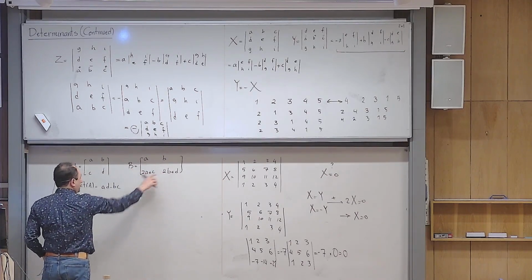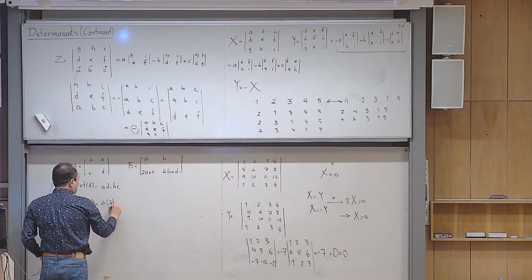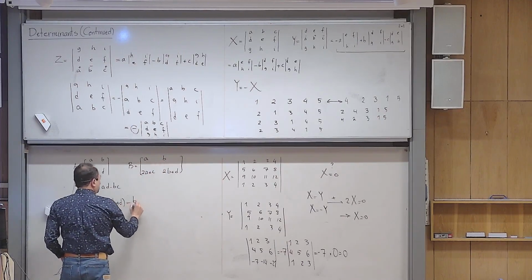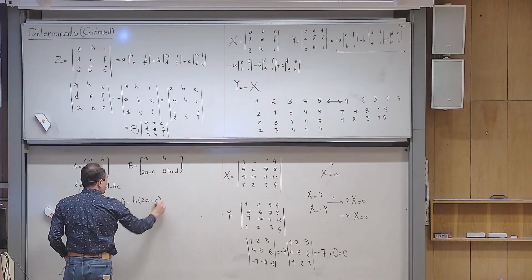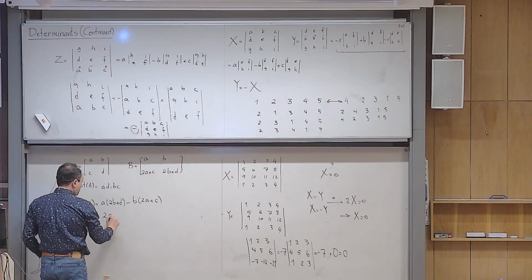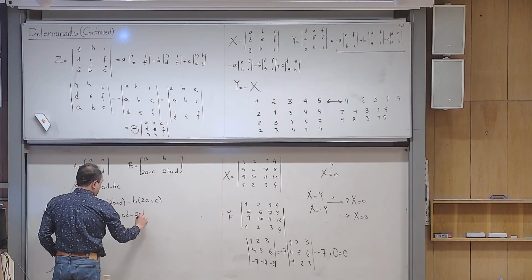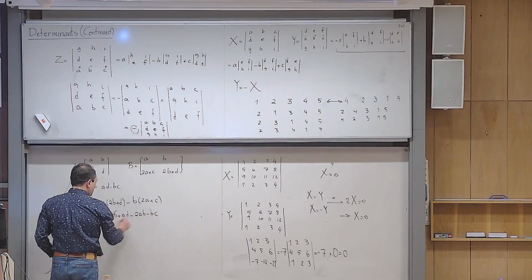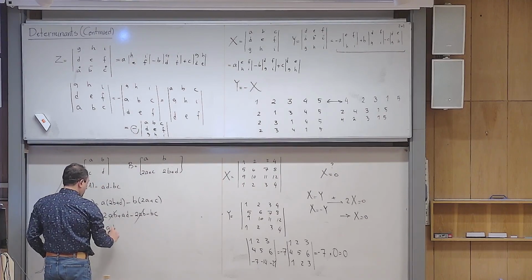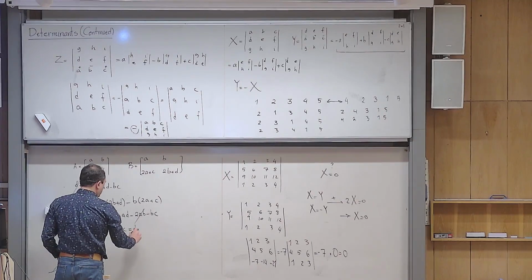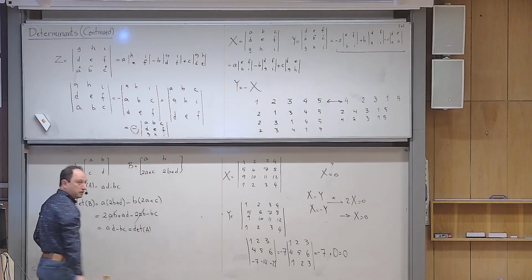I have to multiply this by that, minus multiply this by that. And then if I expand that, you see this term is cancelled, and you get ad minus bc, which is exactly equal to the determinant of A. Okay?